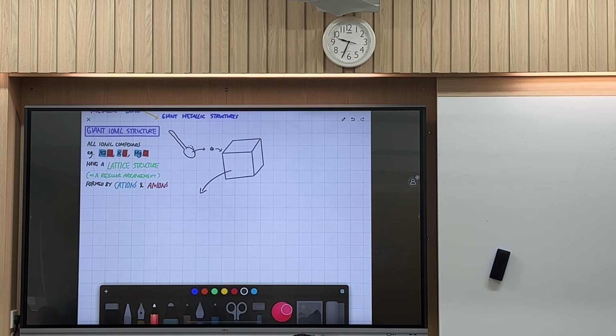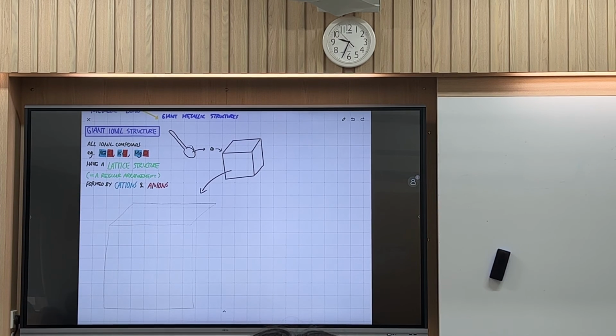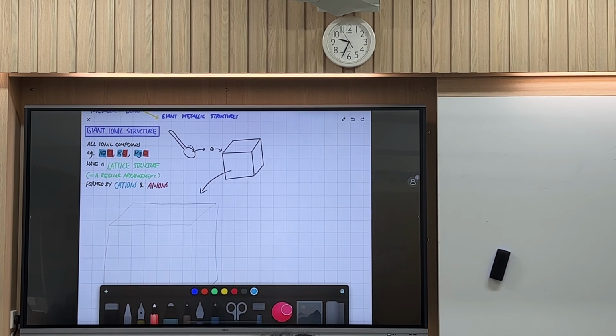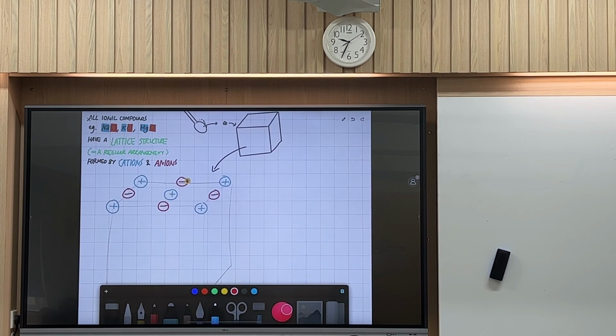You can try your best to draw it. If you really cannot draw it, it's fine, just refer to my notes. You see you have a bunch of positive ions surrounded by negative ions, like that. This is a very tidy arrangement of ions. On the side of each positive ion, you get a negative ion.